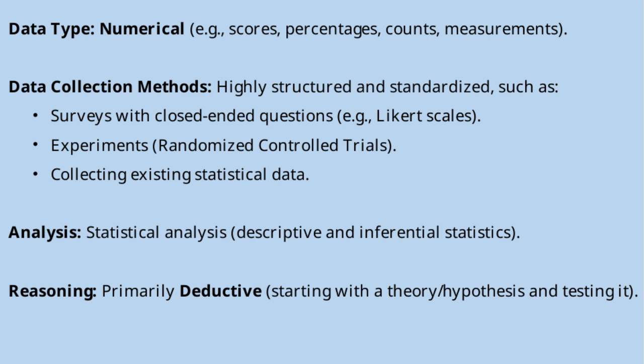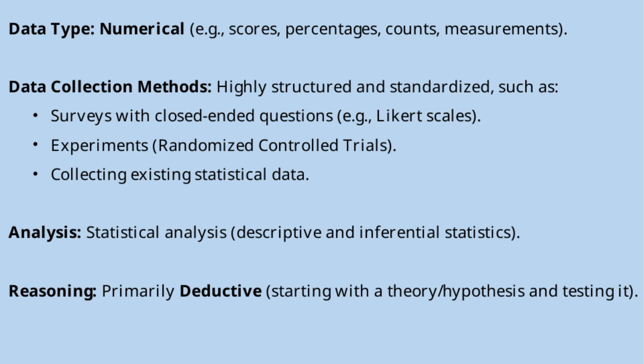Once we have the data, the analysis typically involves statistical methods. This includes both descriptive statistics, which summarize the data, and inferential statistics, which help us make predictions or test hypotheses about a larger population. Speaking of reasoning, in this context, we primarily use deductive reasoning. That means we start with a theory or hypothesis and then test it against our data.